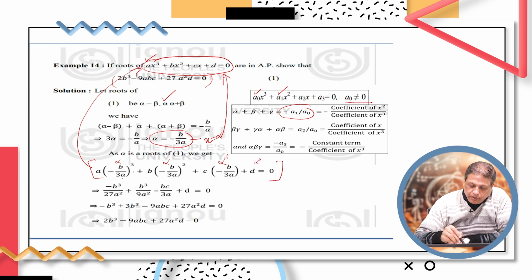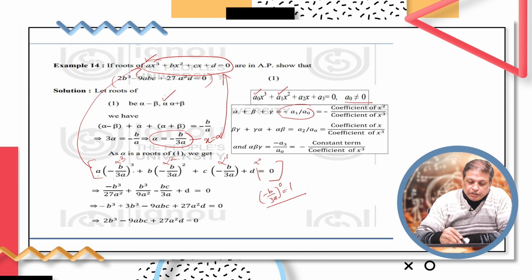So, alpha x to the power 1, x to the power 2, x to the power 3. So, alpha to the power 3 is minus b by 3a to the power 3. Alpha square, that is x square, is minus b by 3a whole square, and x, that is alpha to the power 1, is minus b by 3a, and minus b by 3a to the power 0 turns out to be only 1.